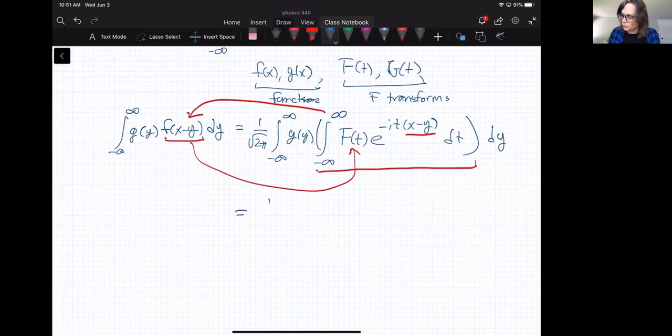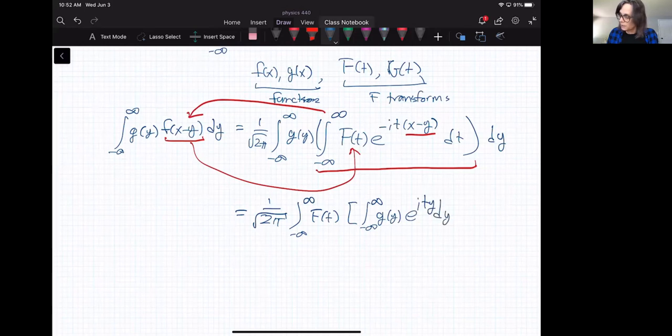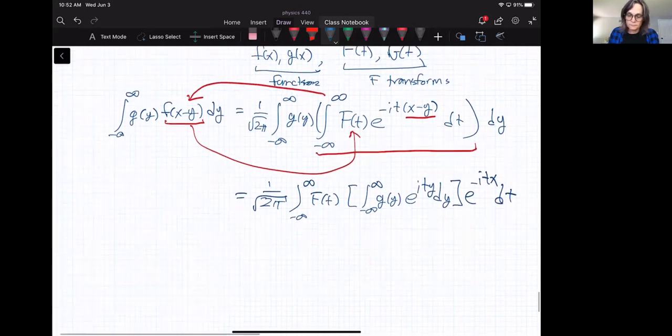So this is equal to 1 over square root of 2 pi times the integral from minus infinity to infinity of F of t, and we rearrange this, times the integral from minus infinity to infinity of g of y e to the i t y dy, times e to the minus i t x, dt.